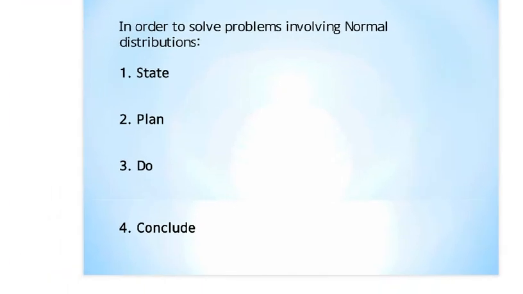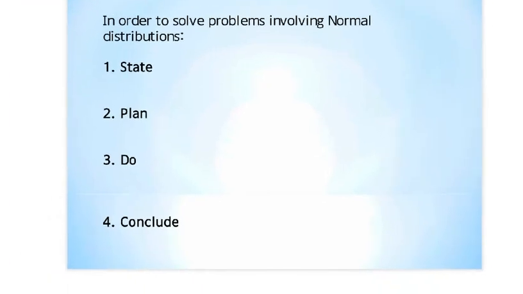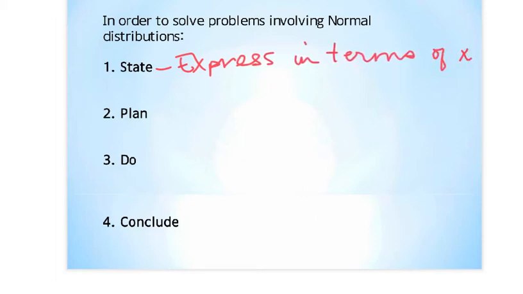So in order to solve problems involving the normal distributions, state, express in terms of x, plan, draw some graphs or pictures so you have an idea of what to do, and then perform your calculations.